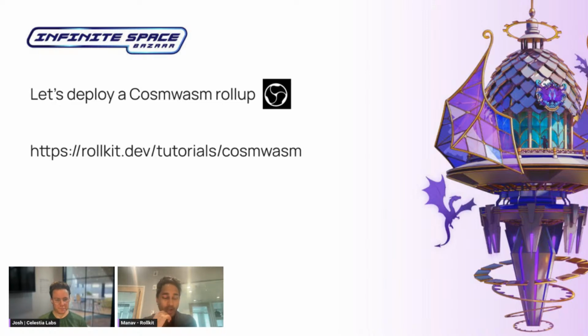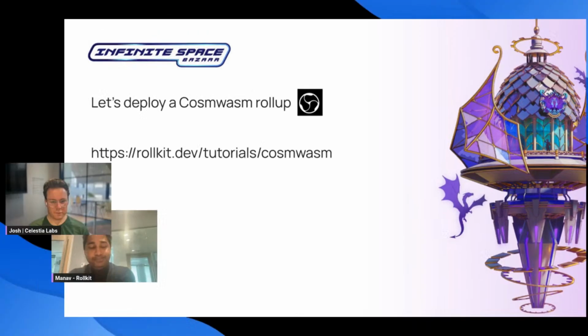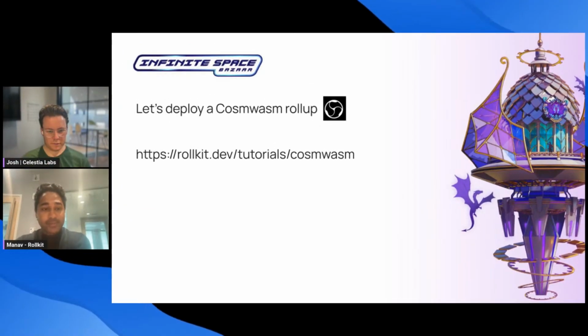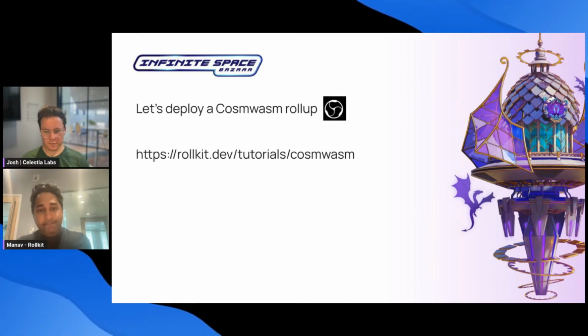We'll deploy a CosmWasm rollup for this workshop, and we will go through one of our tutorials and look at the script of what is going on under the hood when you launch a chain. We'll see a chain live on Celestia. When you deploy a chain, you will be able to see the rollup blocks being posted in the Celestia Block Explorer. So let's get into that.